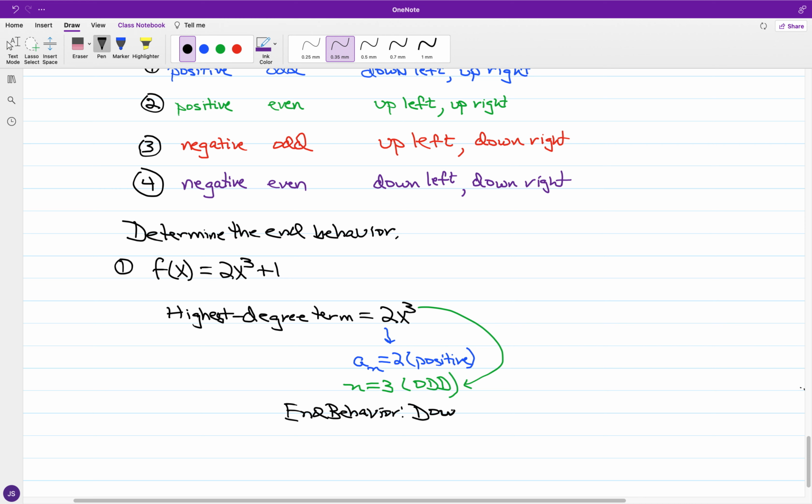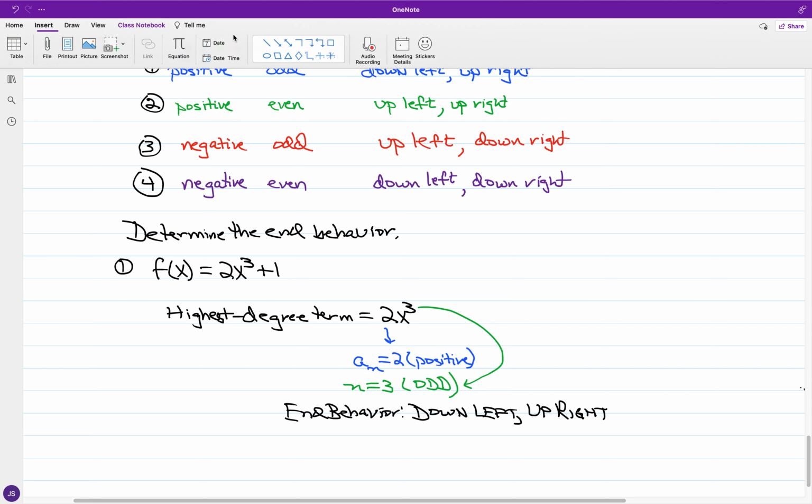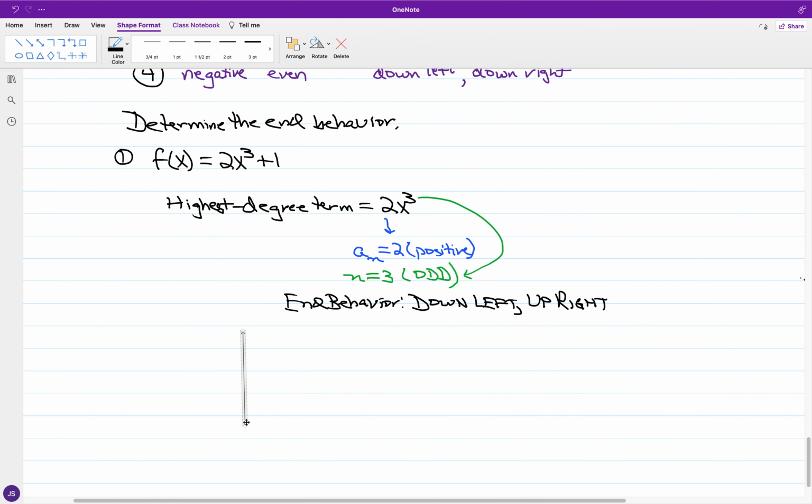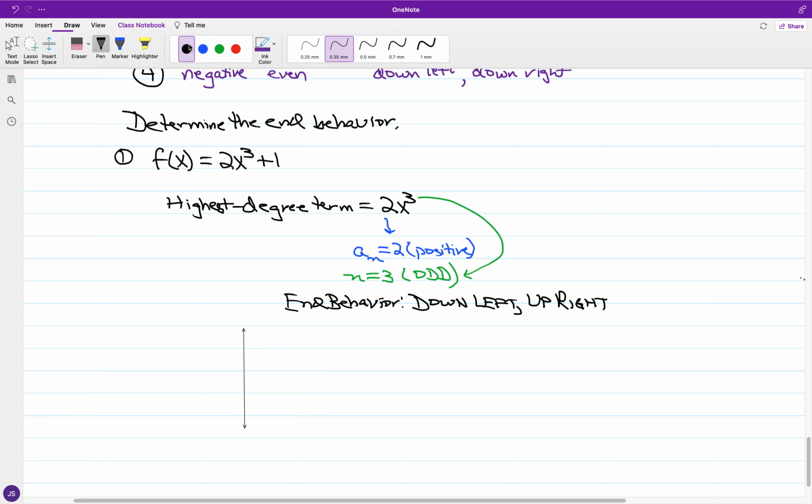Can you kind of draw out what that looks like? Yes, you have down to the left, up to the right. We're looking at the extremes here. I'm going to have one later that has specific zeros, but right now we're doing a rough sketch.